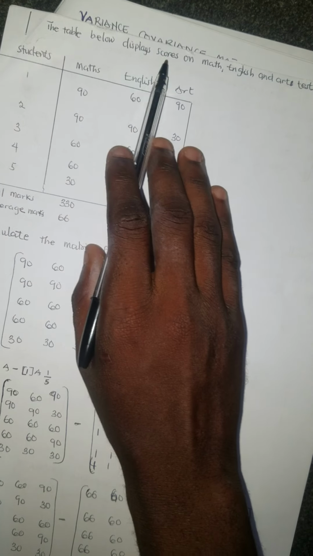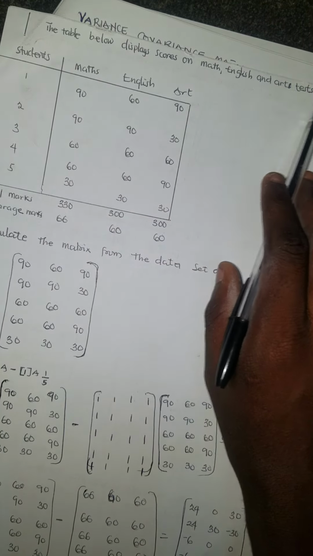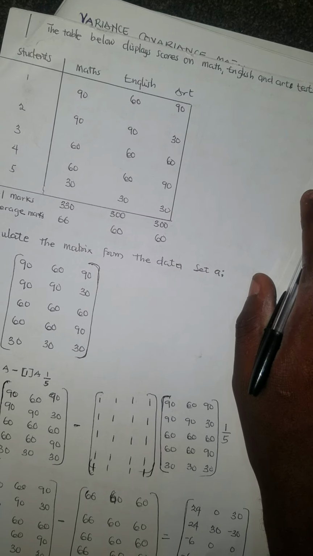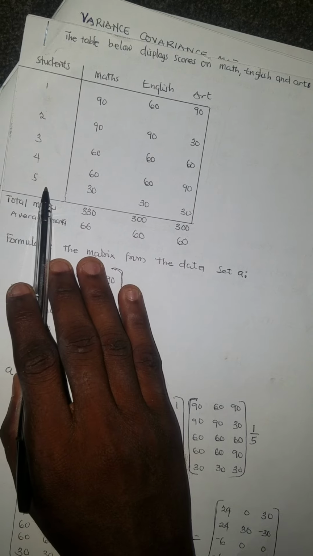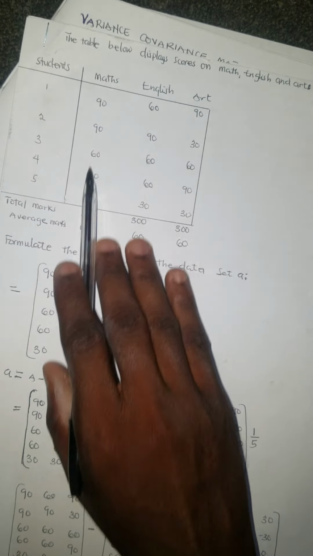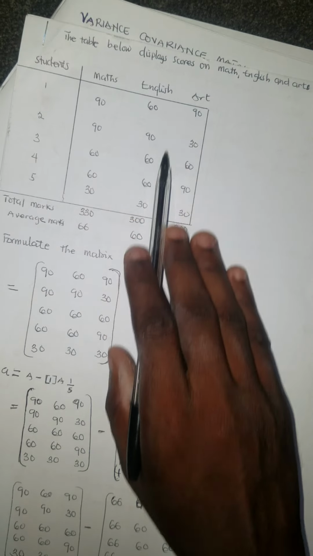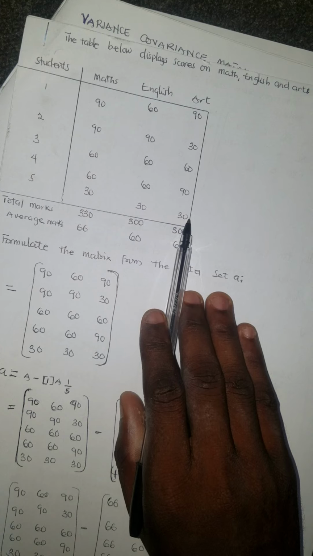The table below displays scores on math, English, and arts tests for 5 students. The students are numbered 1 to 5. These are the marks in mathematics, these are the marks in English, and these are the marks in arts.